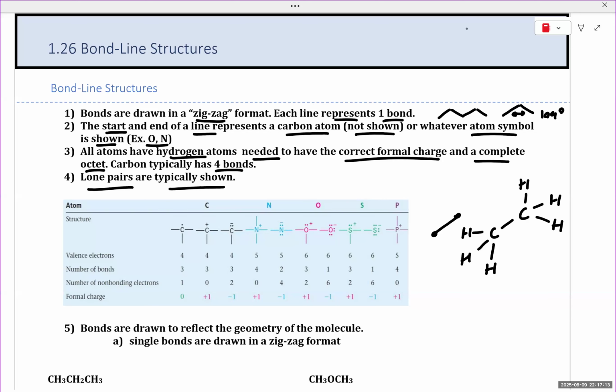I prepared a little table which summarizes the bonding preferences for various charges of a given atom, such as carbon, nitrogen, oxygen, sulfur, and phosphorus, as well as the general number of bonds and lone pairs each given atom prefers to form.